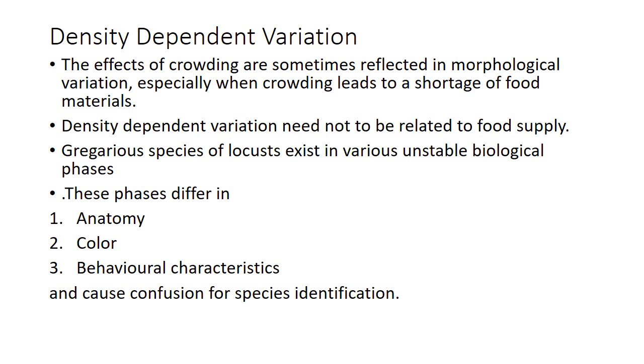These phases differ in anatomy, color, and behavioral characteristics and have often been described as distinct species. When newly hatched nymphs are reared under crowded conditions, they develop into transitional phases. And when they are isolated and reared separately, they develop into solitary phases. Similar phases have been reported for two species of army worms.